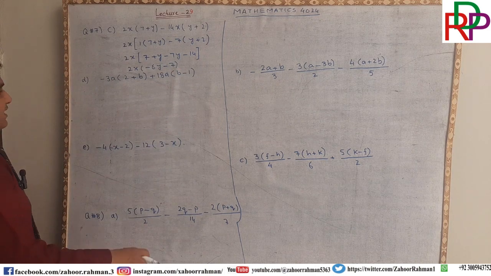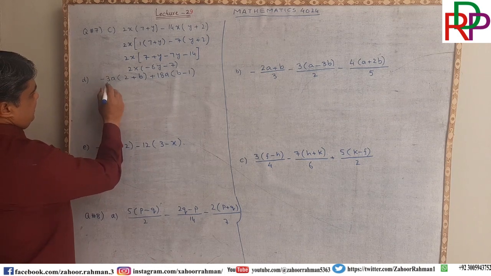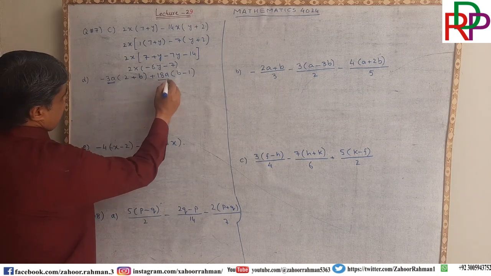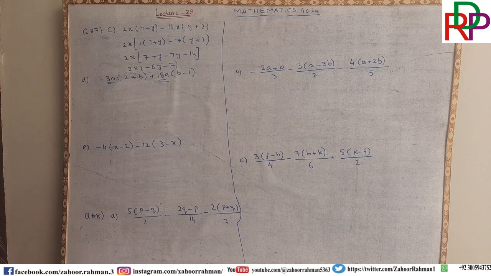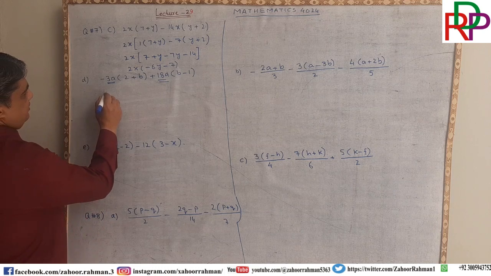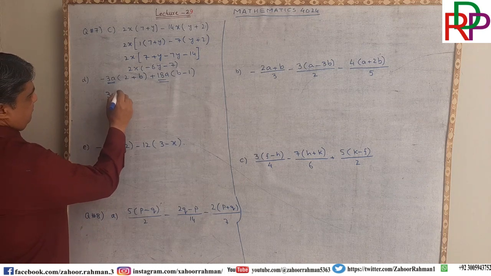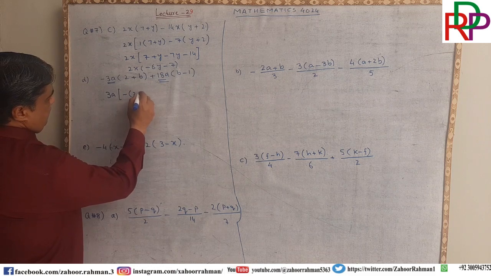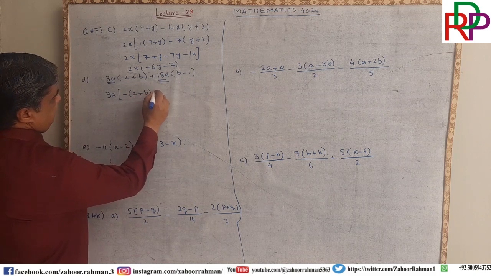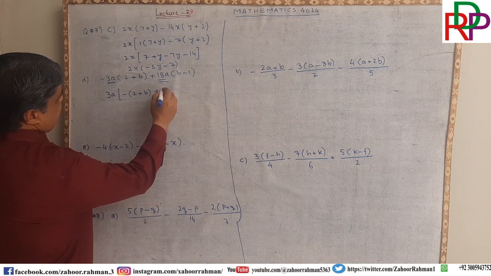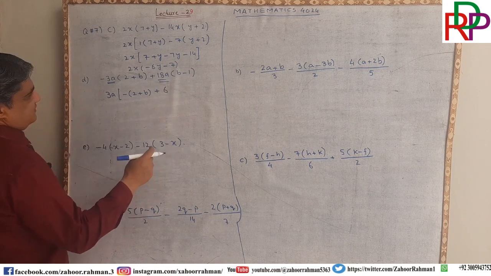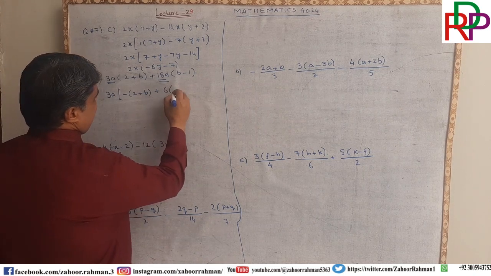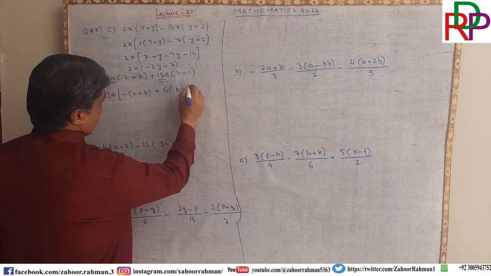Now we are turning our focus to this one. 3a is in this term and 3a is in this term as well. So we are going to take it common. 3a, and then minus 2 plus b will remain here, plus 6 will remain here, and b minus 1.